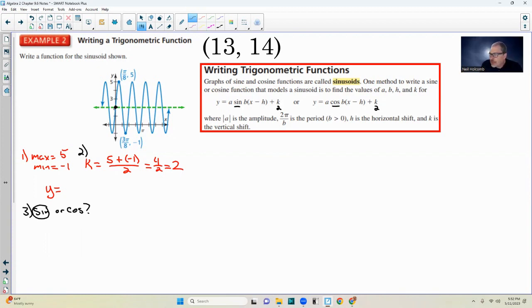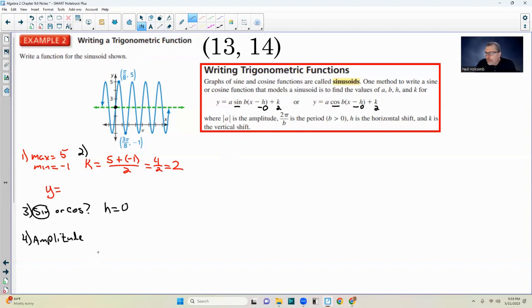So that is a 0. So therefore, h equals 0. So here is our h. So it's just going to be a -0 or just simply x. So there's not going to be an x minus something plus 2 in parentheses. Okay, so the next step is 4. What is the amplitude?